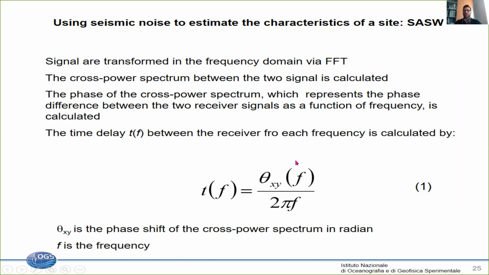So if you imagine that this is the phase of my cross spectrum, this is the phase difference that I have between the two signals at each frequency. If I want to calculate the travel time from the source between the two receivers of each frequency, I simply have to divide the phase shift by 2π and the frequency value.